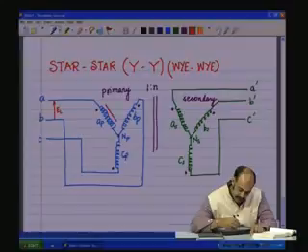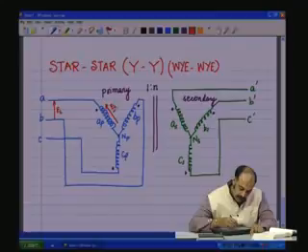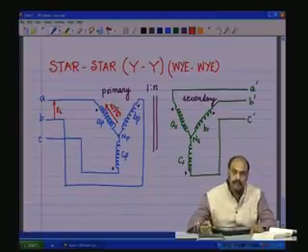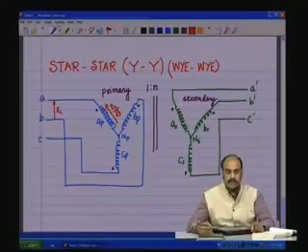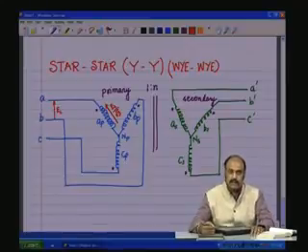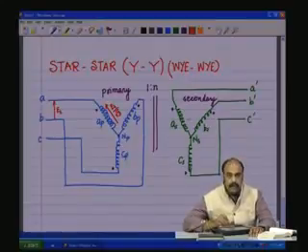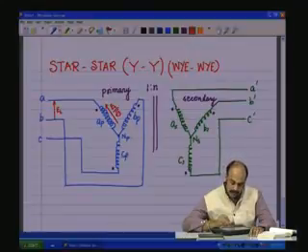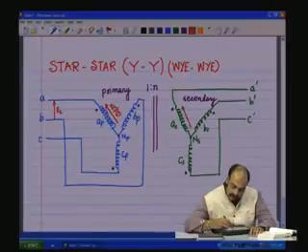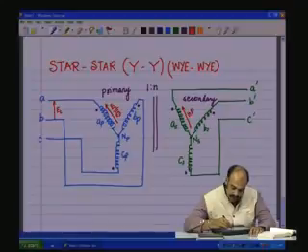Let me take just one phase voltage, the A phase voltage, which would be EL by root 3, because the phase voltage is equal to line voltage by root 3, and this gets induced into the secondary A phase coil, by turns ratio value, N EL by root 3.